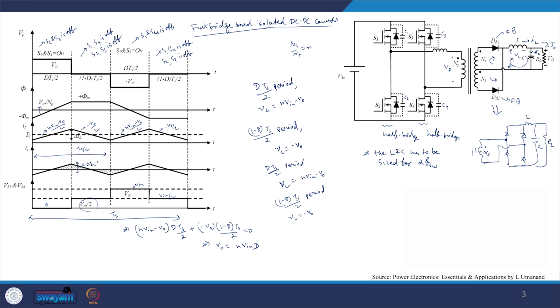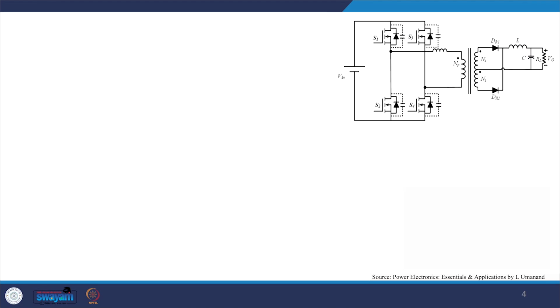This delta IL is only the ripple component of inductor current, which is an AC current that goes between the maximum ripple value in positive and negative direction. This ripple component of IL is flowing through the IC. So let us see the sizing of capacitance C.